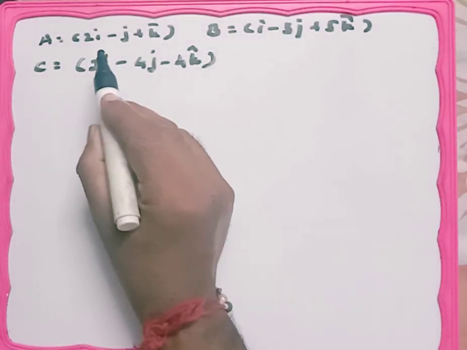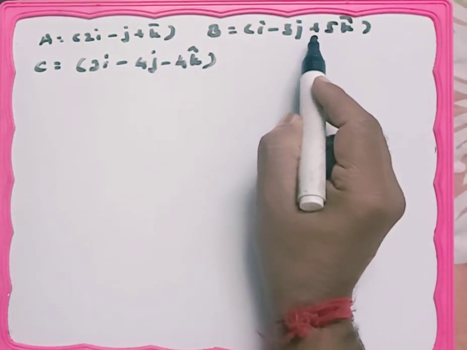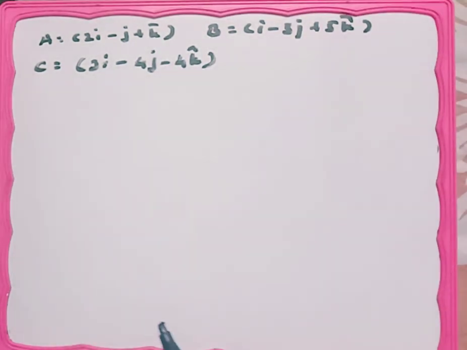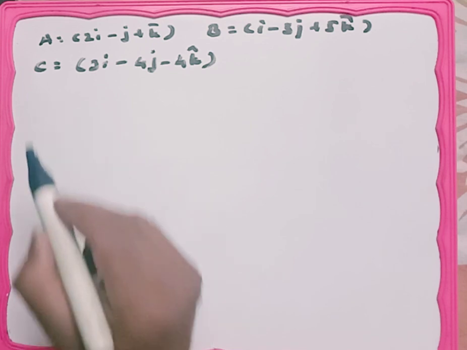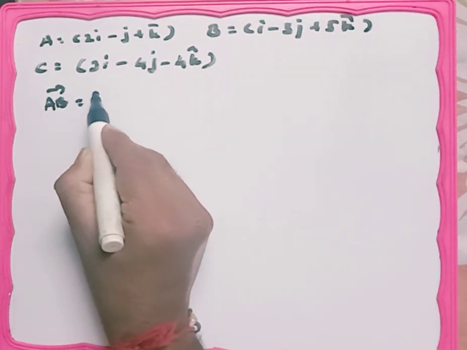If A is 2i minus j plus k, B is i minus 3j plus 5k, and C is 3i minus 4j minus 4k, these are three vertices of a right angle triangle, like that way we have to show. So first we will find the AB vector, then b bar minus a bar.